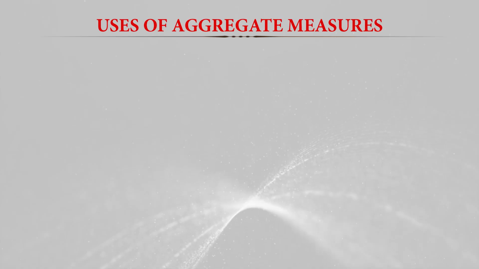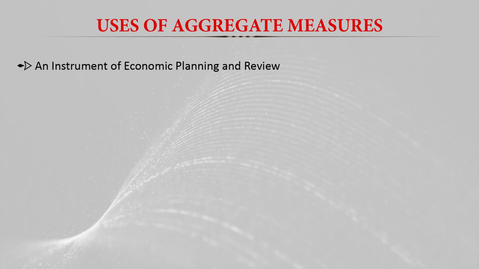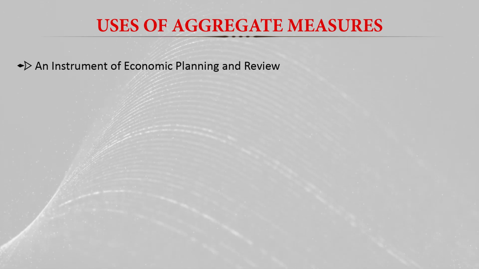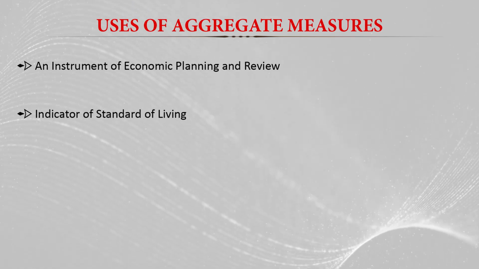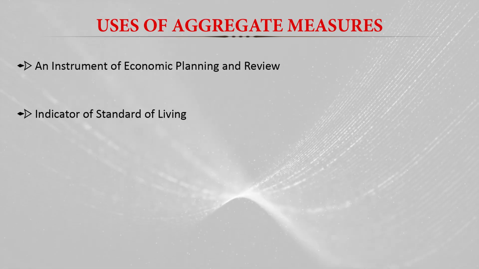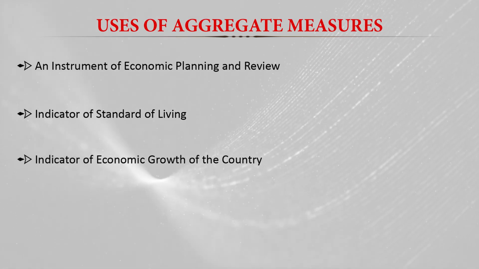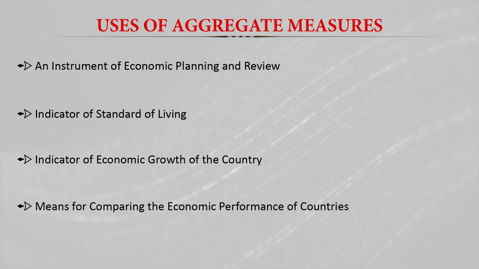We use them as an instrument of economic planning and review. They give a clear picture about the economic situation and the production resources. The aggregate measures are also used as an indicator of the living standards, and as an indicator of the economic growth of the country, and they are a means for comparing the economic performance of different countries.